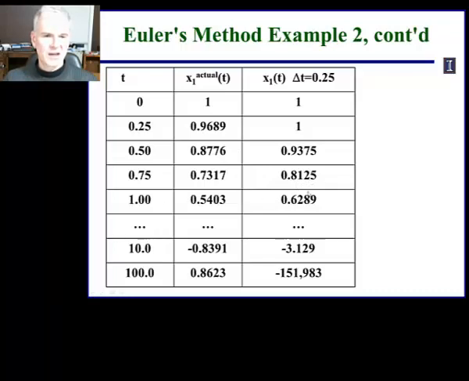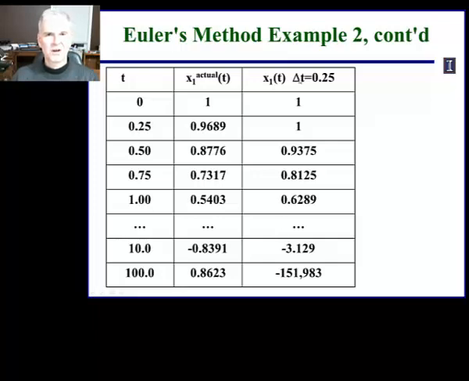So by 1 second, we're not too far off. But if you continue doing this, by 10 seconds, we're at minus 3. And by 100 seconds, we're at minus 151,000 for our position x1. Clearly, Euler's method is not working well with this time step of delta t.